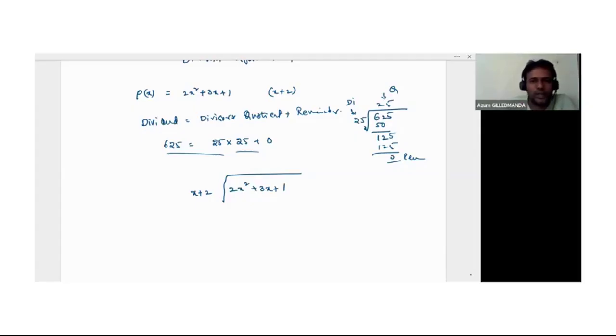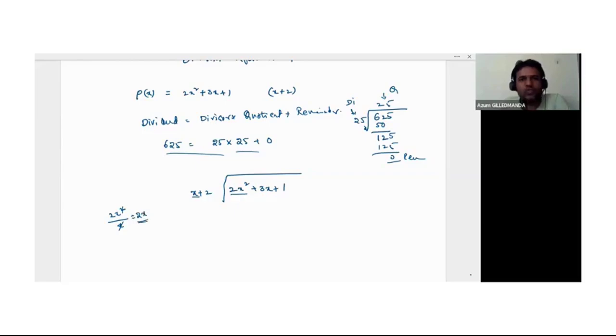So what you need to do is take the first term, that is 2x squared, and divide it by the first term of your divisor. Here it is 2x squared, here it is x. So I am dividing these two. The x squared becomes x, so the value that remains is 2x.